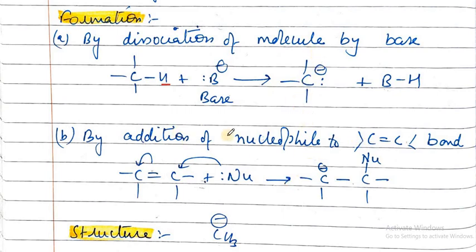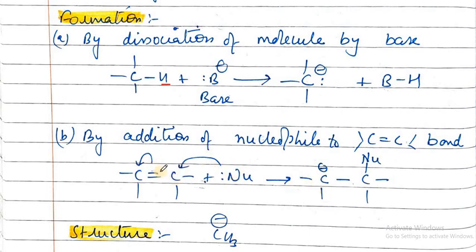Similarly, if a nucleophile is added to a multiple bond, a carbon-carbon double bond or carbon-carbon triple bond, then we also get carbanions. This is the alkene. When the nucleophile attacks the carbon, the pi electrons will move to the other carbon, so this will carry positive charge and the nucleophile can attack this carbon.